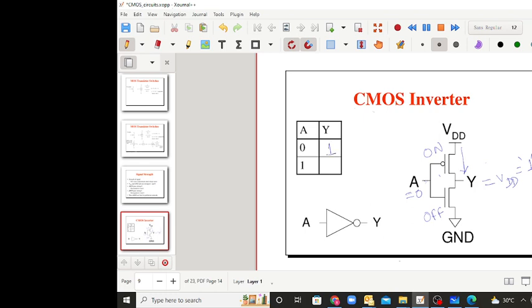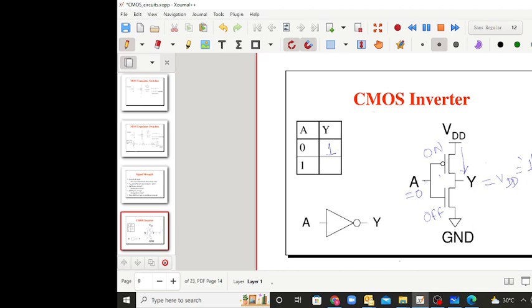Similarly, if you are giving A as 1, then your NMOS transistor will be on and the PMOS will be off. If this is on, it will be connected to the ground, which is 0 volts. So if A is 1, the lower transistor is on, and the output will be pulled down to 0 voltage.